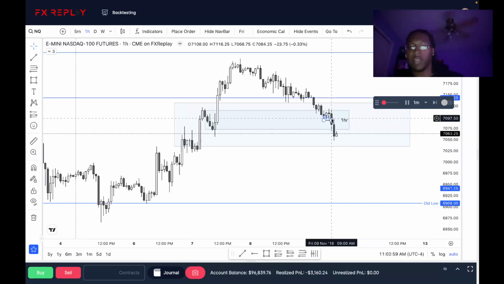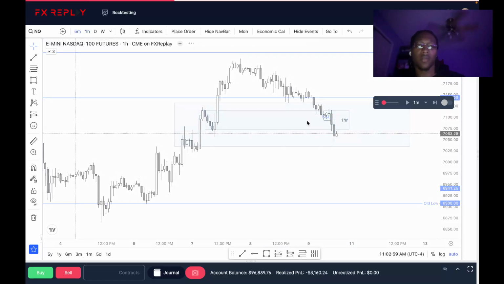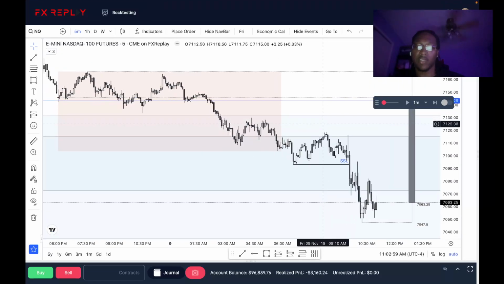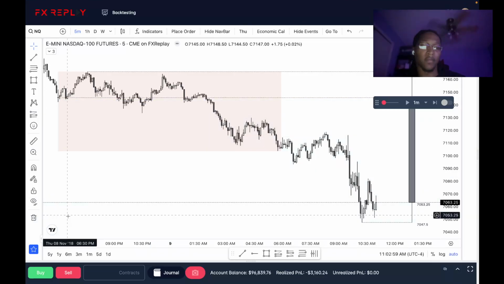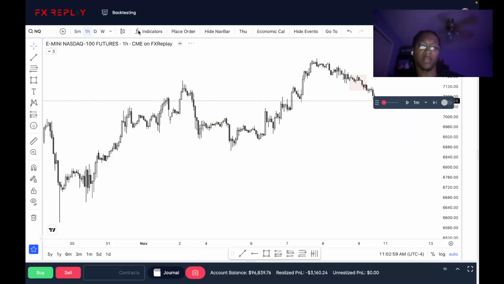Yeah, no trade day for Friday. Looks like it just continued running lower. So let's delete everything, go to the next session.